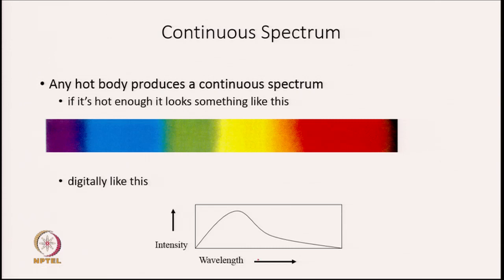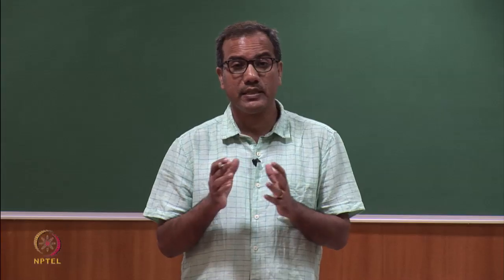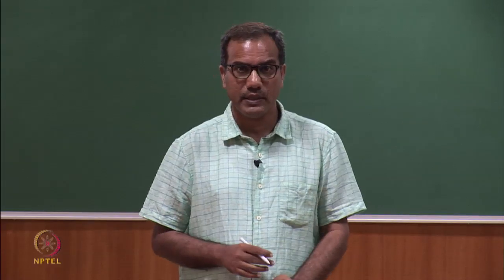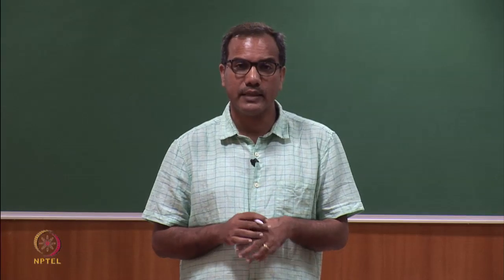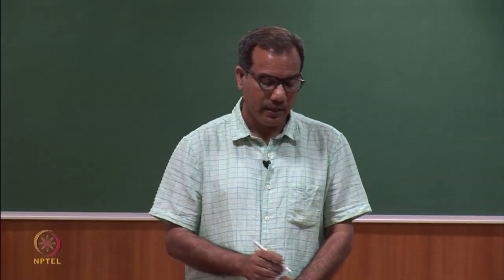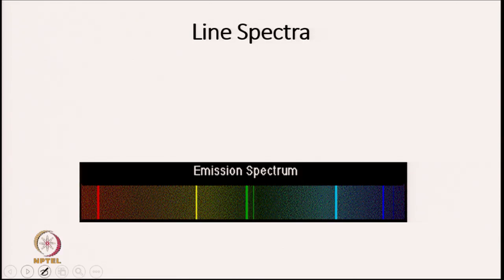This is your intensity versus wavelength, and you can see that at every wavelength there is intensity. It may be low intensity or high intensity, but the light emitted consists of every wavelength, and that kind of spectrum is called a continuous spectrum.